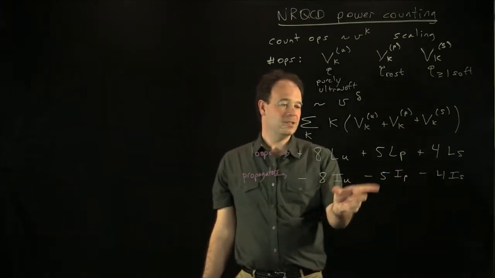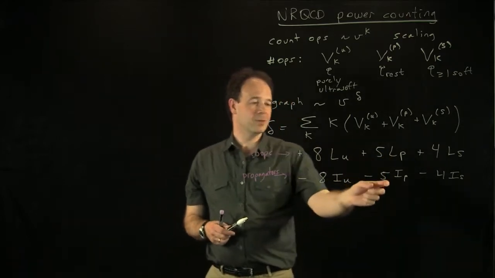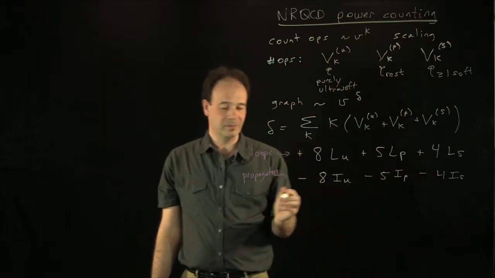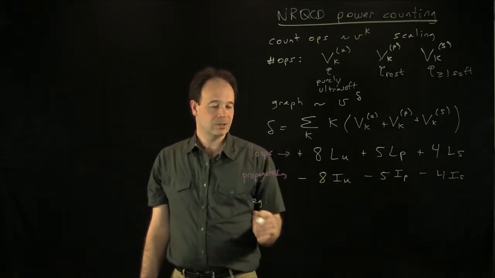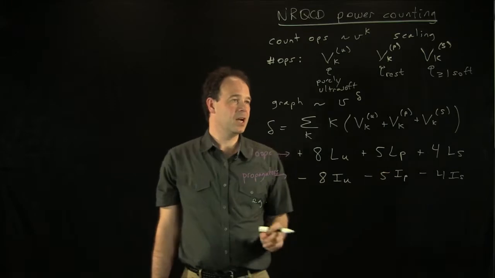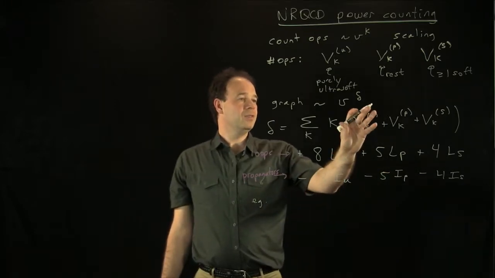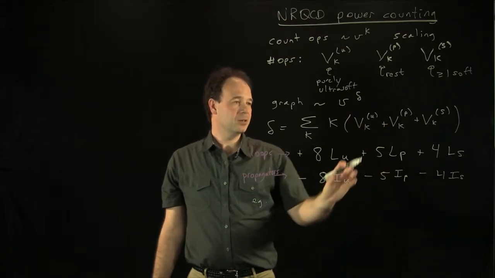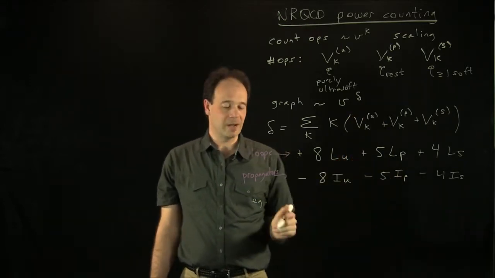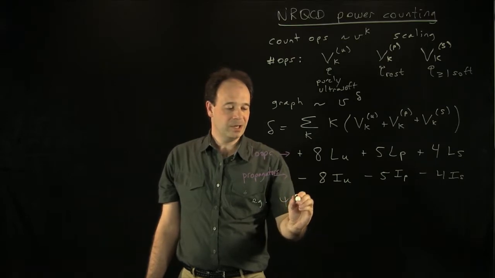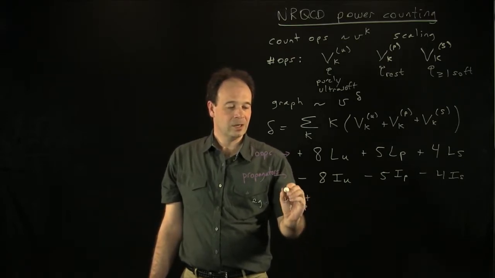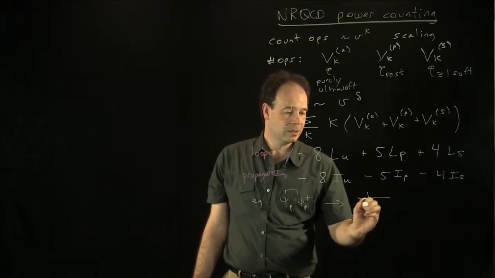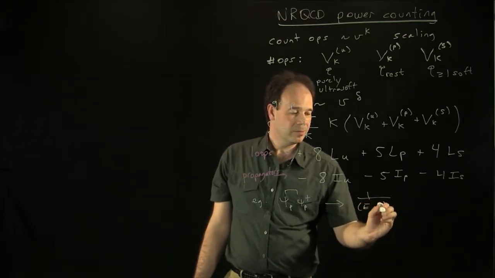So why is it that they have the same integers here? Well, let me just show you, for example, where this -5 comes from as an example, and then you'll be able to see where the -4 and the -8 come from. So as an example, what's this -5? Well, you see, we already counted the fields in the operators here. So this -5 is a compensating factor because some of the fields are contracted into a propagator. So if we had a psi p dagger, which is contracted, then that got turned into a propagator that looks like 1 over E minus p squared over 2m.